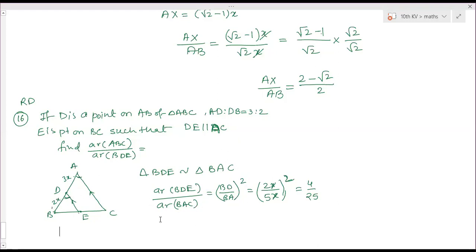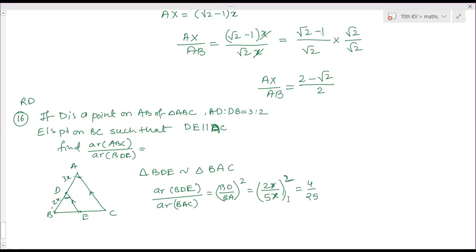Area of BDE by area of BAC is equal to BD by BA whole square. So what is BD? It's 2x. They have given AD is to DB is 3 is to 2. That means AD is 3x and BD is 2x, so BA will be 2x plus 3x, 5x.